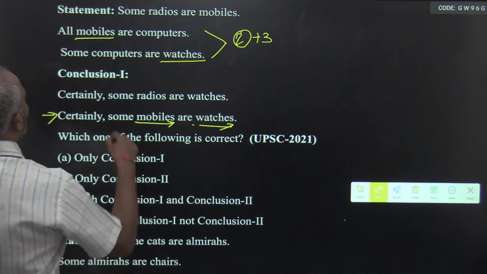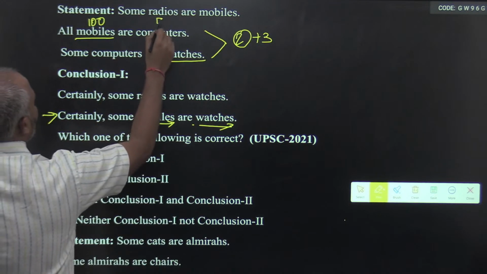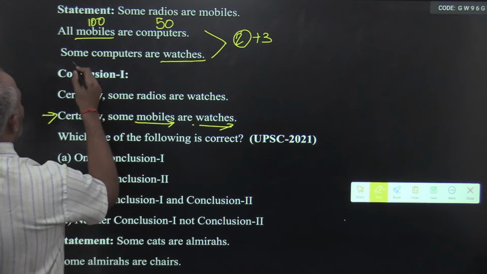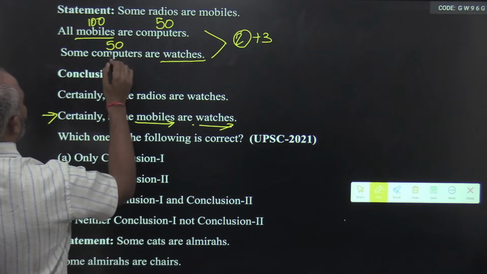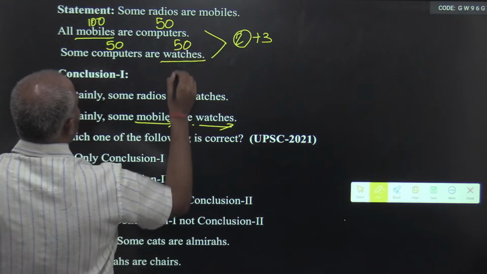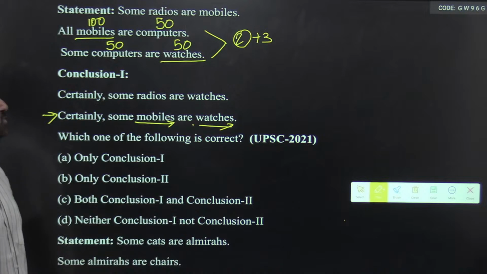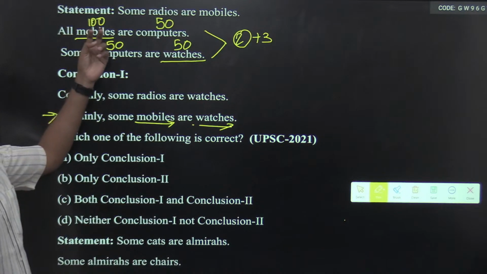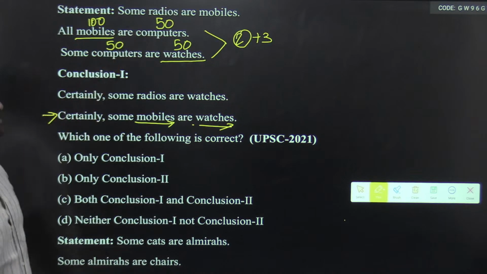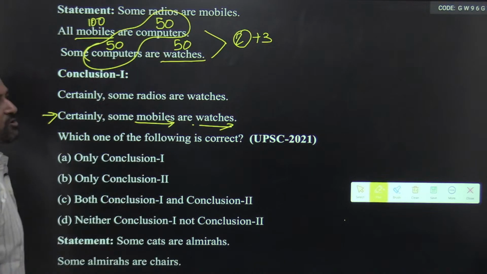Now place the values. All 100. This is a positive statement, that's why this is 50. Some 50, why? Particular. This is a positive statement, that's why it is 50. To link these two, what is the rule of conclusion? To draw a conclusion between two statements, the common element should achieve a value of 100.